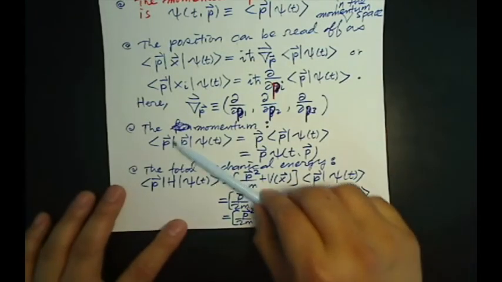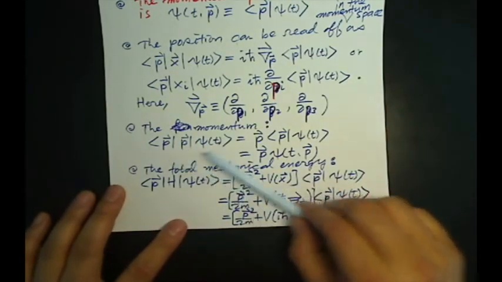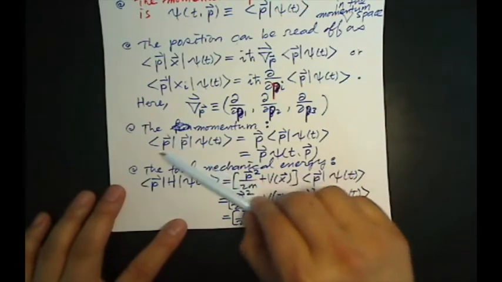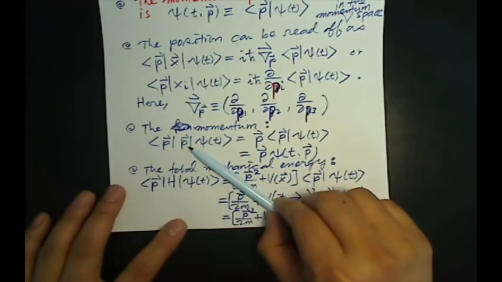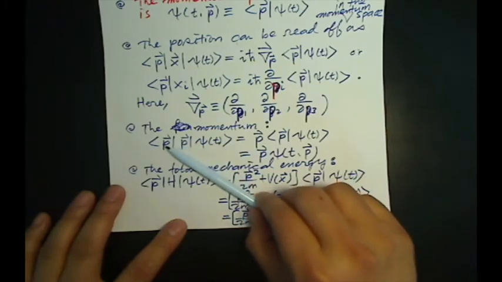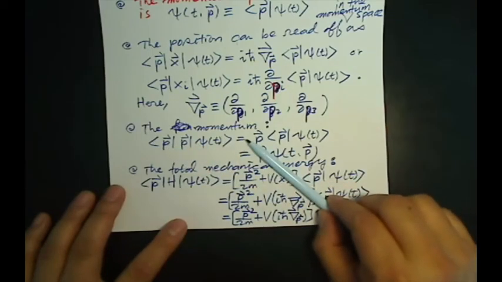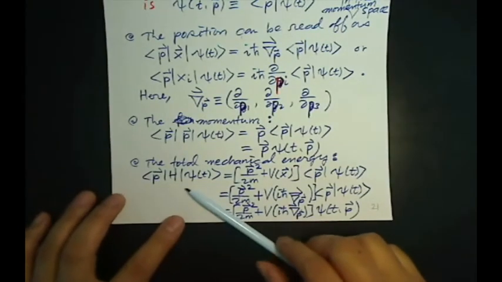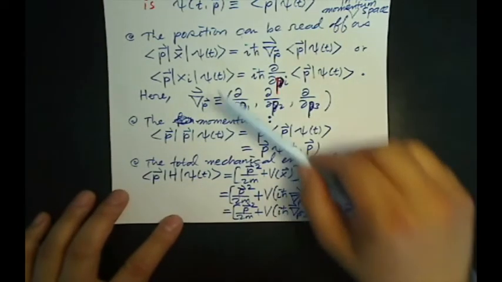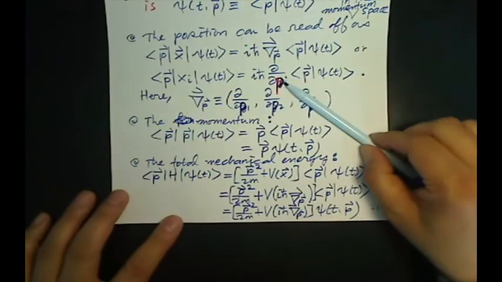If you read off the momentum of the particle, then because this state ket is an eigenket of momentum, you just read off the number p vector outside. If you are interested in having the position, then you take the derivative.